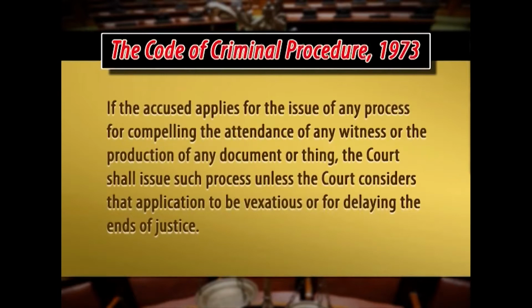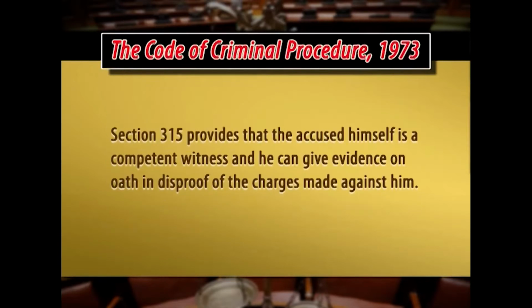If the accused applies for the issue of process for compelling the attendance of any witness or for the production of any document or thing, the court shall issue such process unless the court considers that application to be vexatious or for delaying the ends of justice. Section 315 of the code provides that the accused himself is a competent witness and he can give evidence on oath in disproof of the charges made against him.